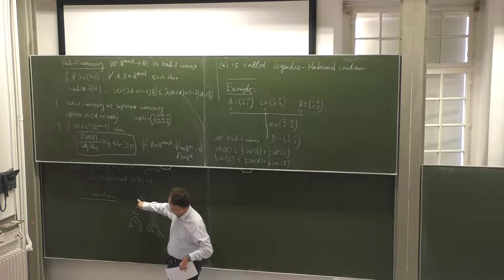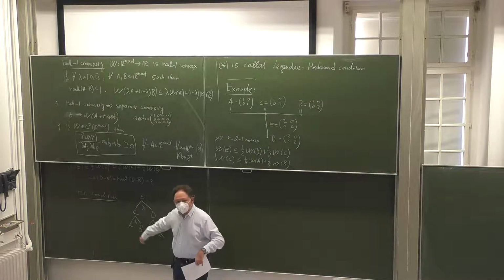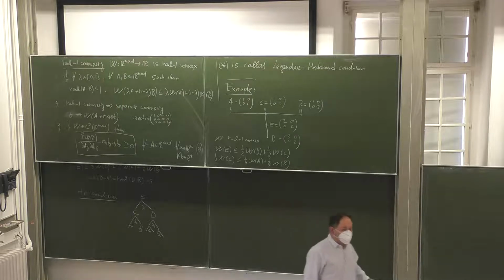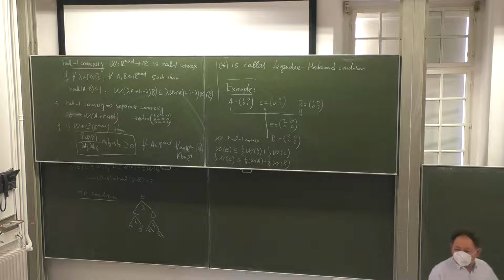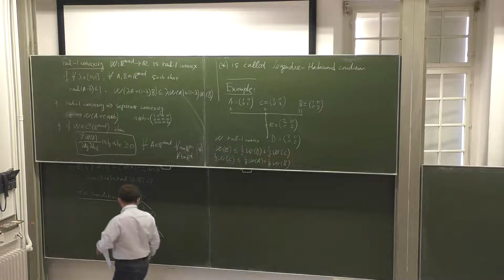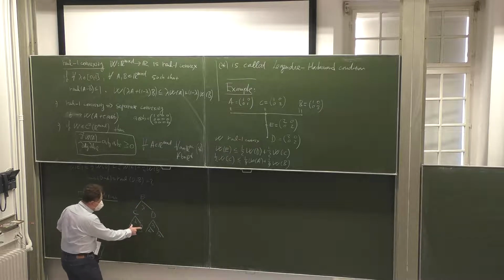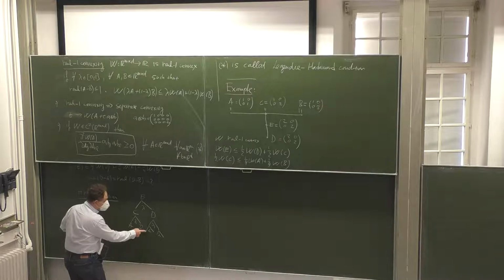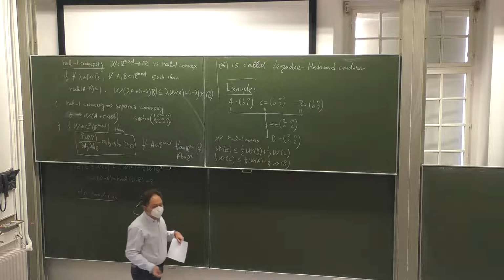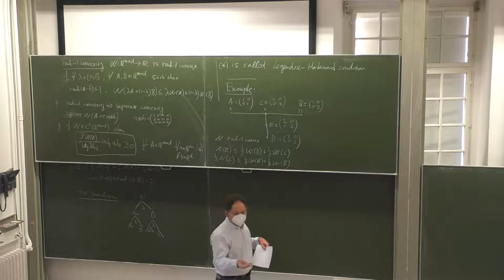So f at E is always smaller or equal than, and now you have to multiply these weights to get the right inequality. These two are always rank 1 connected, but this one and this one, they don't have to be. So you have a rich set of matrices where only some of them are rank 1 connected.